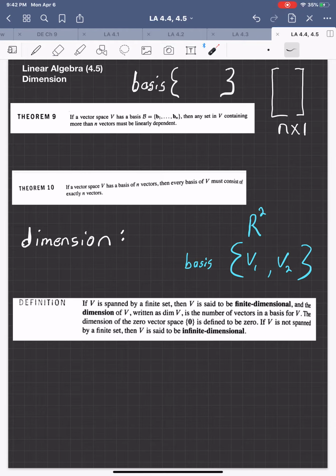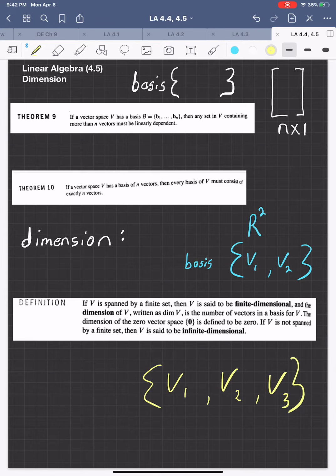So if I give you a basis and I say this is the basis for some vector space, let me just throw some things out here. I don't give you any more information. Let's just say all I give you is this set of vectors, but I tell you, for sure, this set is a basis. And you say, a basis for what vector space?